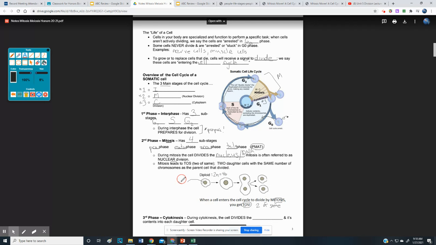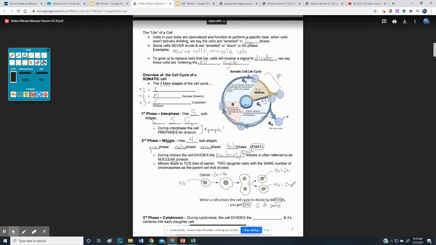We're not the only ones. We haven't locked in that number as ours. There are other species that have 46 chromosomes. So if this cell gets a signal to divide, and this cell started out with 46 chromosomes, when it's done dividing, if I ask you how many chromosomes will be in this daughter cell, you would have to say 46. So this is going to be a diploid cell that we get at the end, and so is this one. Okay.